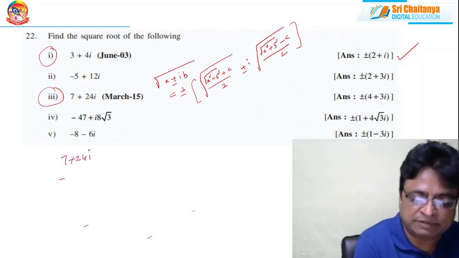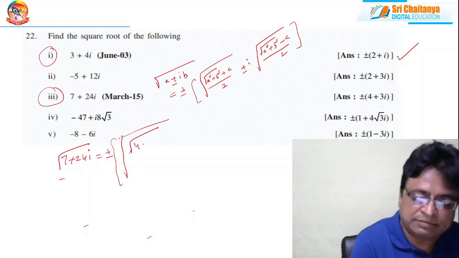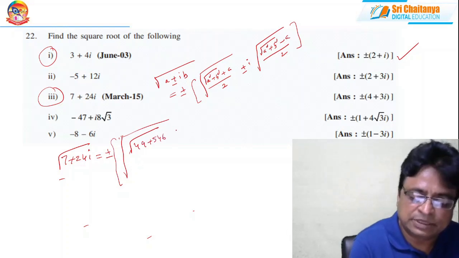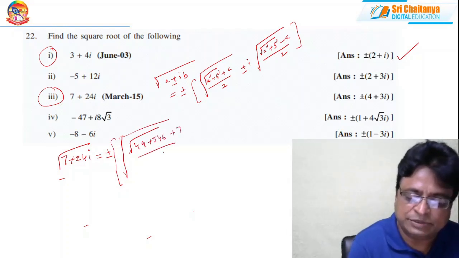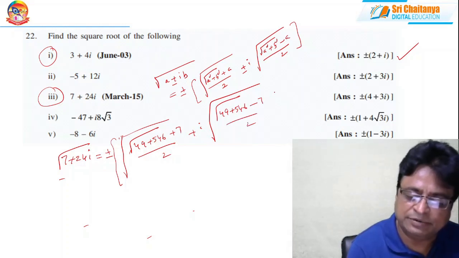Please remember the formula. So the square root of this is plus or minus root of (root of 49 plus 576, plus 7) by 2, plus i into root of (root of 49 plus 576, minus 7) by 2.